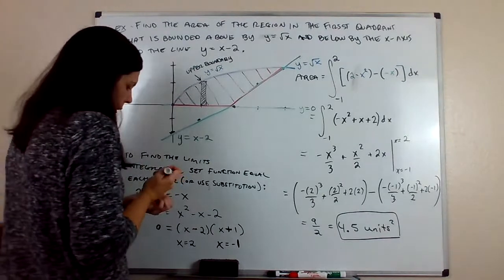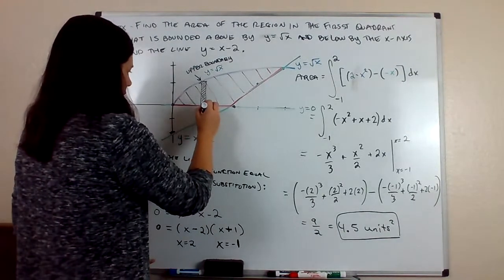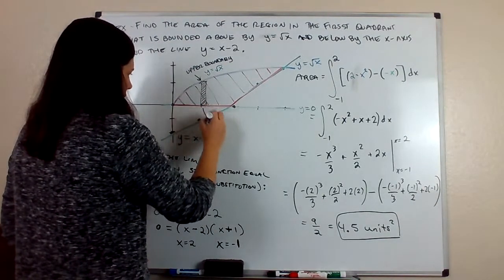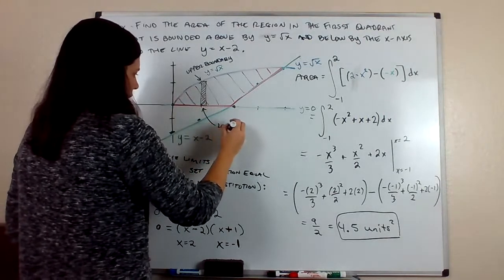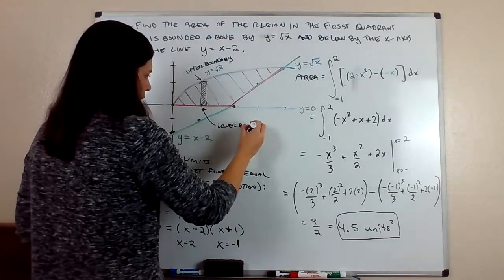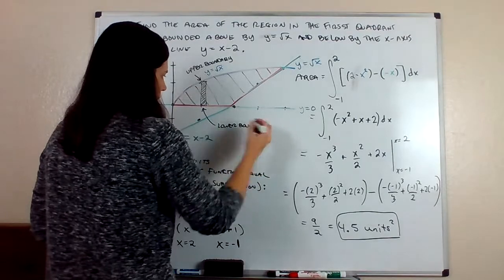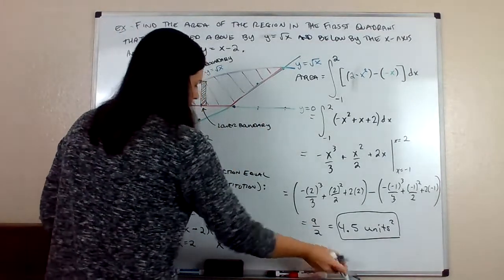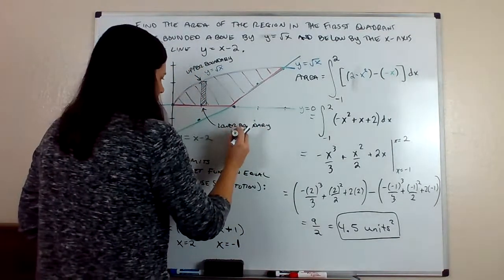And then the lower boundary right here is the x-axis, which is y equals 0.